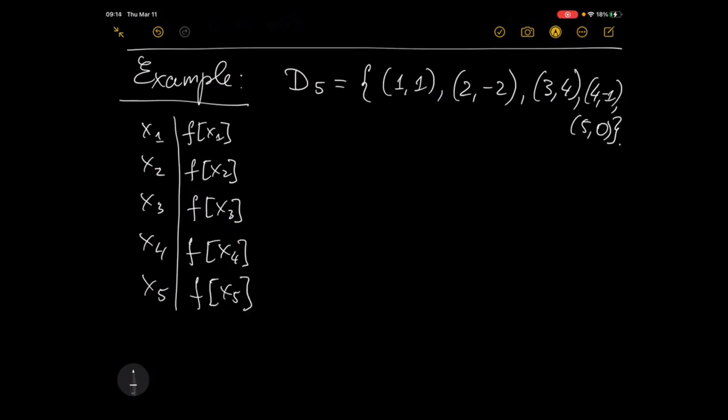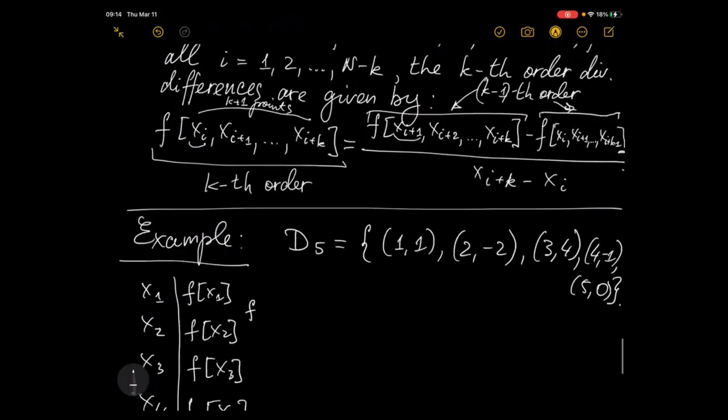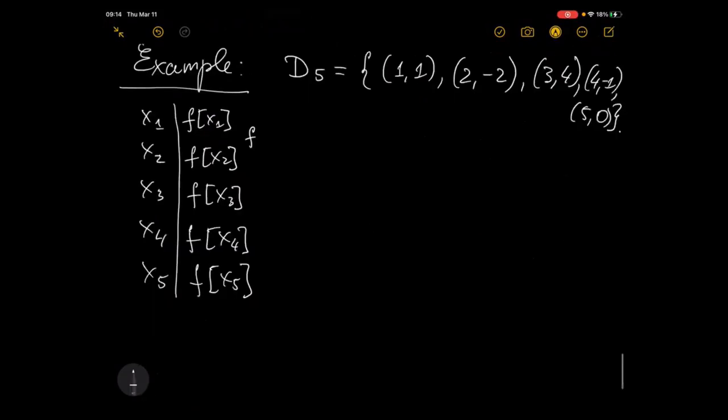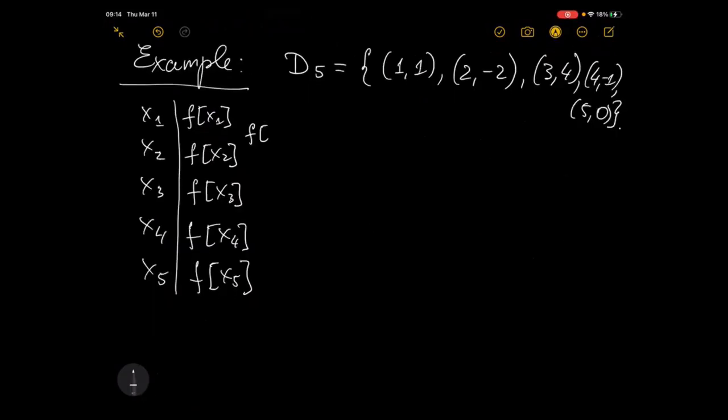The first order will include 2 previous. Pay attention that the kth order uses the difference of the k minus 1th order divided by the difference of x's. So this is f of x1, x2, f of x2, x3, first order divided differences.